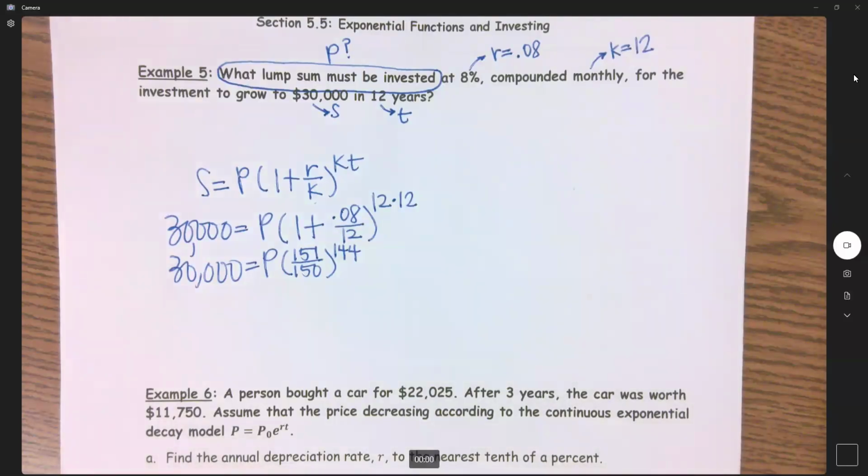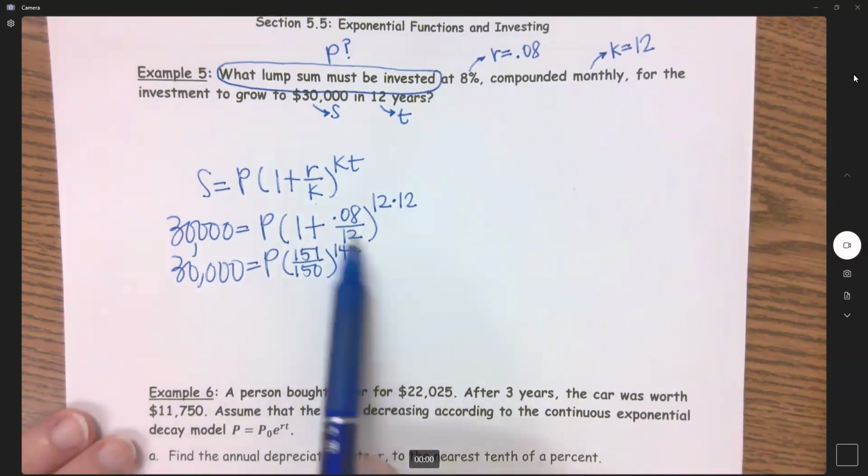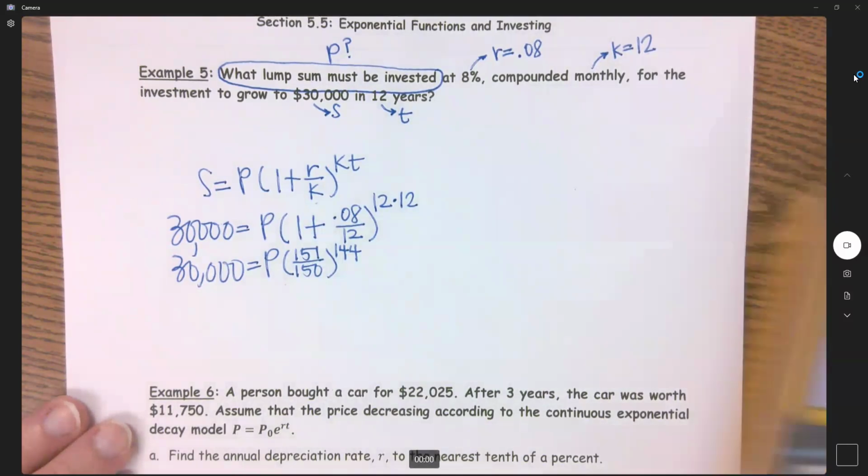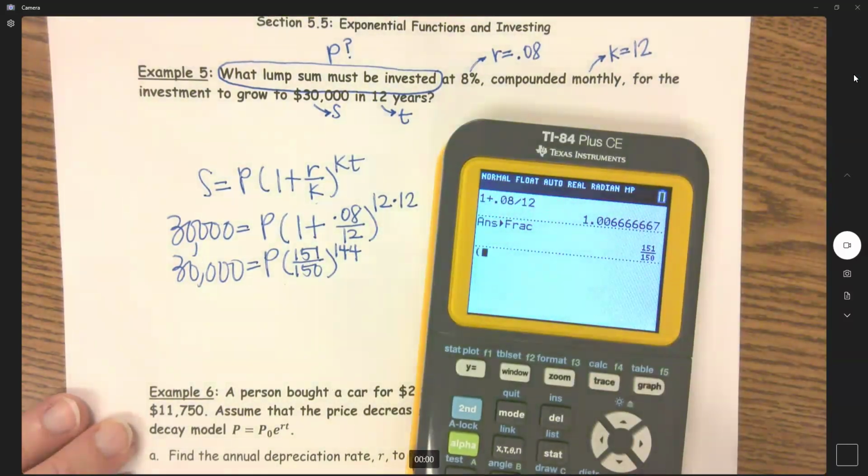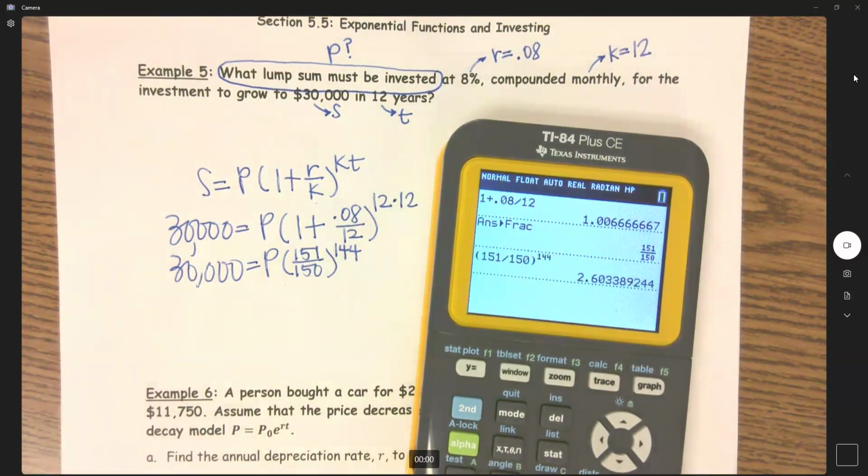Okay, now when they want to know the lump sum, once we clean this up, this is very easy. We can put this in our calculator and get a decimal. In fact, let's just go ahead and do it. What is 151 divided by 150 to the 144th power? It's about 2.6.